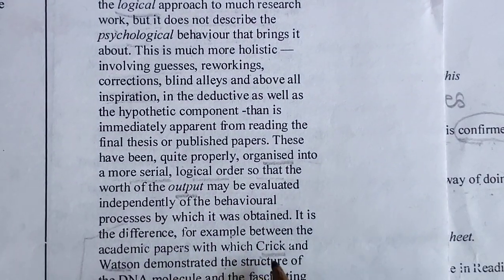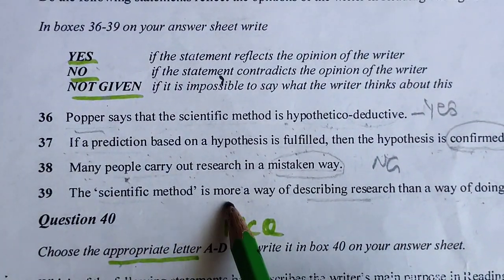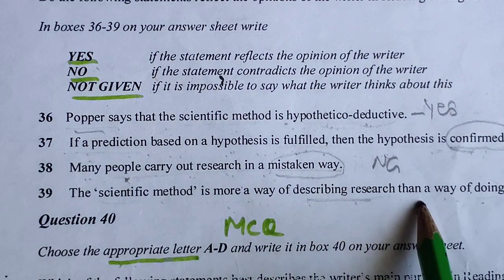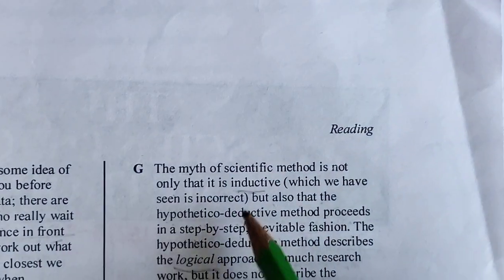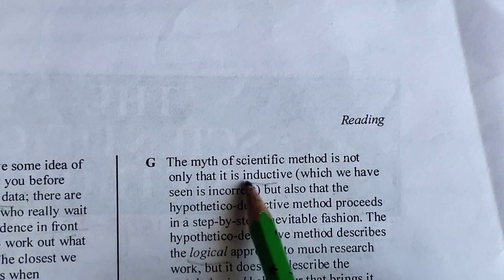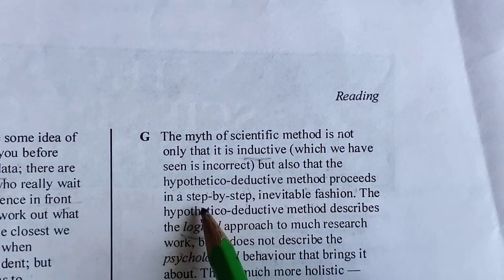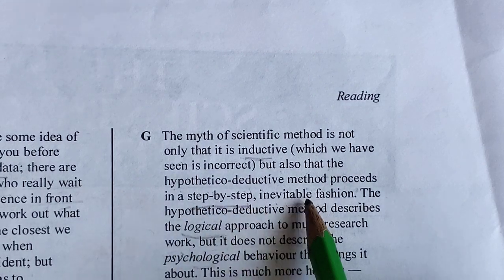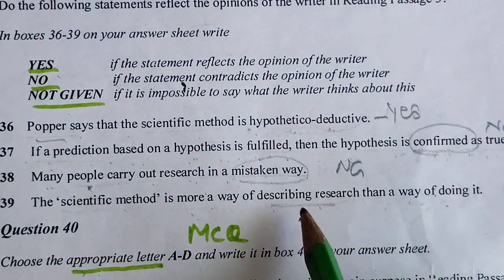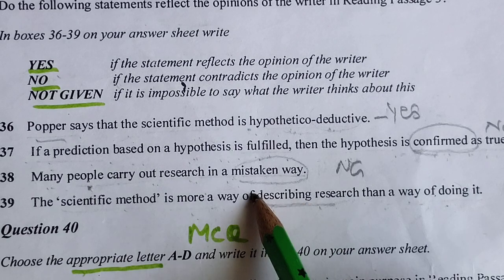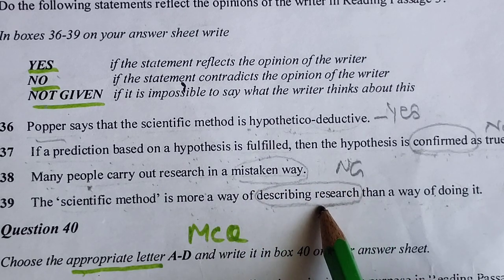So scientific method is more a way of describing research than a way of doing it. It is not only inductive, but also the deductive method proceeds in a step-by-step inevitable fashion. Describing step-by-step is a way of describing research.